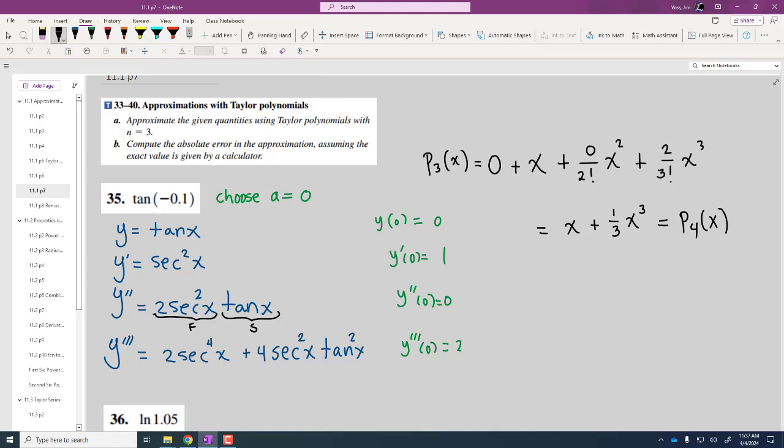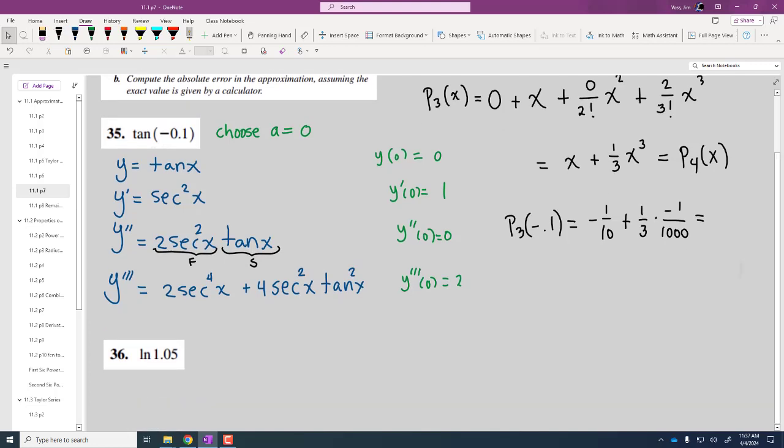So if we want the value of this at negative 0.1, we are going to plug in negative 1/10 for these x's. And if we do negative 1/10 cubed, we're going to get negative 1 over 1,000. So then that is going to be whatever it is.